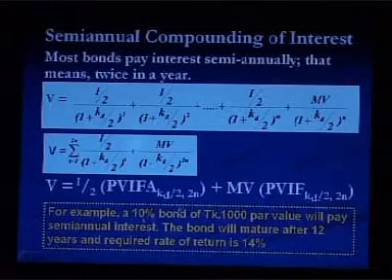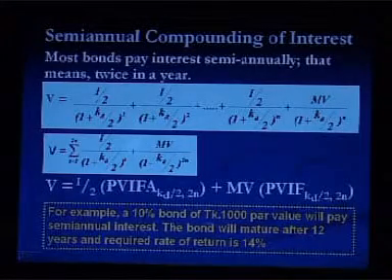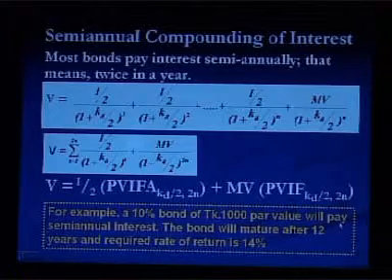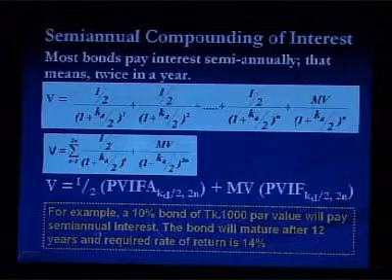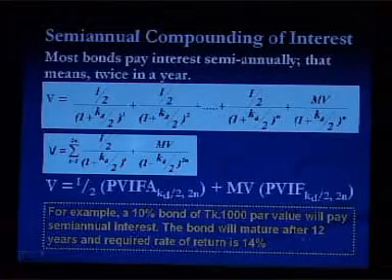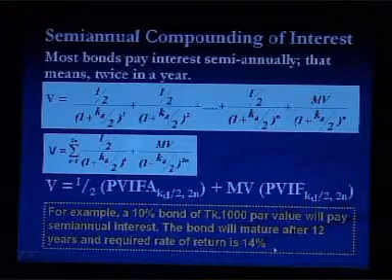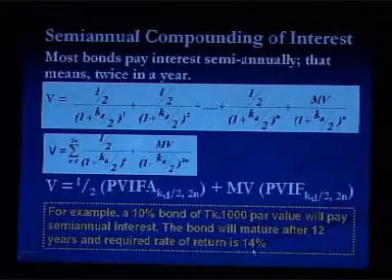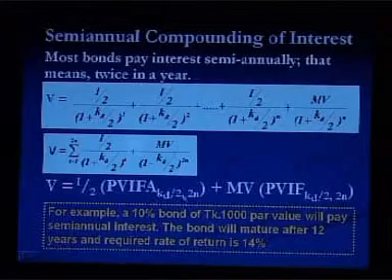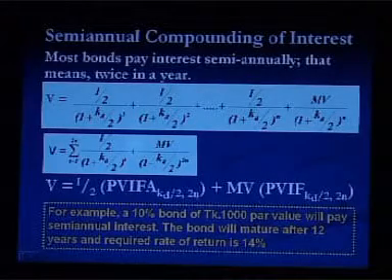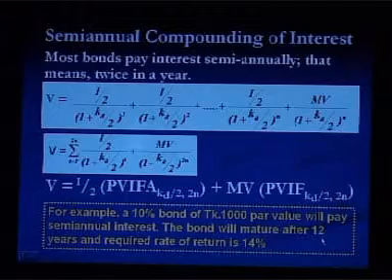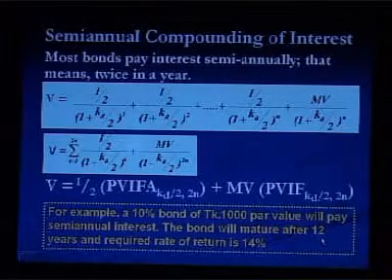For example, a 10% bond of taka 1000 par value will pay semi-annual interest. The bond will mature after 12 years and the required rate of return is 14%. So, in this case, for 14%, that means KD divided by 2, we have to use 7%, and for 2n, where n is 12, we have to use 2 times 12, that is 24.